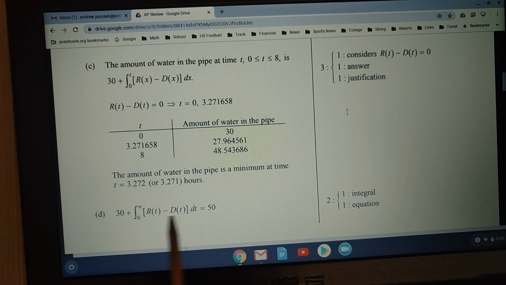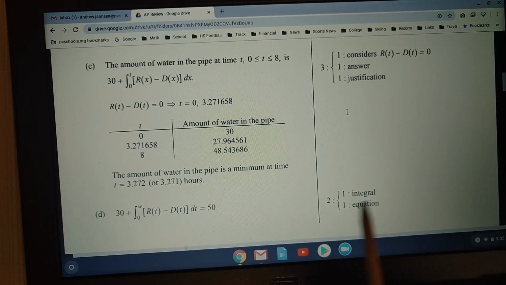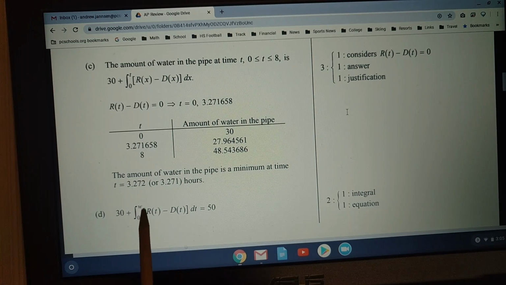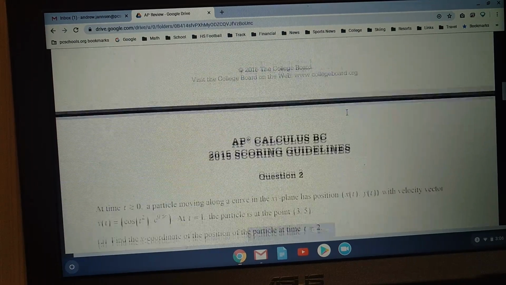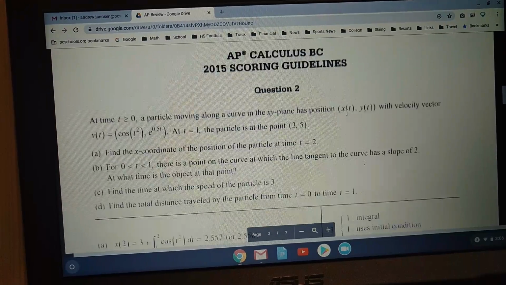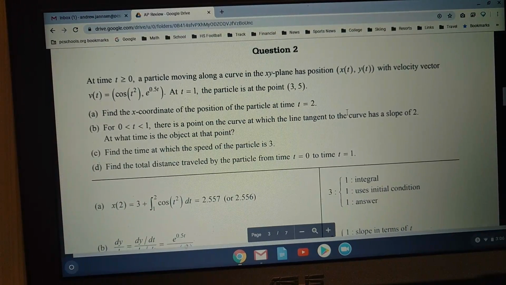And when we get the upper limit where that hits 50, we know we've got a point where it overflows. So the integral is this 0 to W of the difference here. The total equation is knowing to set it equal to 50 and knowing to have the plus 30 out here. That gets you the other point. Okay, let's score that out of 9, and we'll move on to number 2.